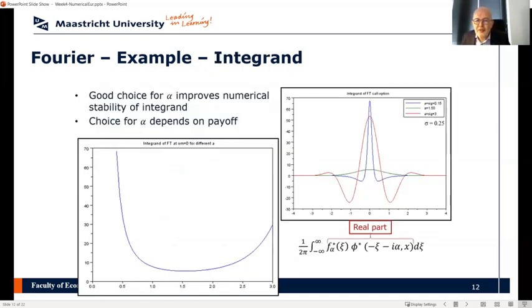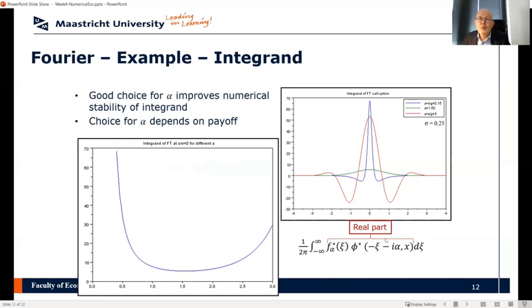To give you a bit more feeling, this is the integral that you have here of the f star alpha times the phi star. And the real part of this integral I have basically plotted here for different values of alpha between -4 and +4.